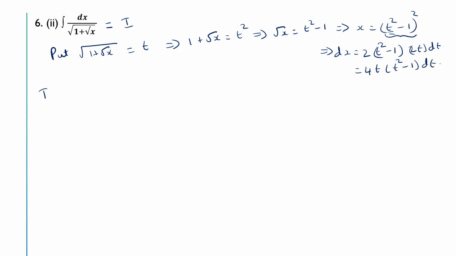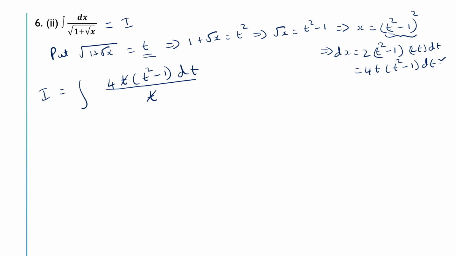So the given integral becomes, in place of dx, we have to write 4t into t square minus 1 dt. That is what we got for dx, and divided by root of 1 plus root x we have taken as t. That we have to write it here.